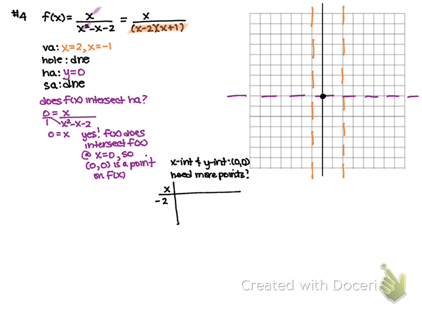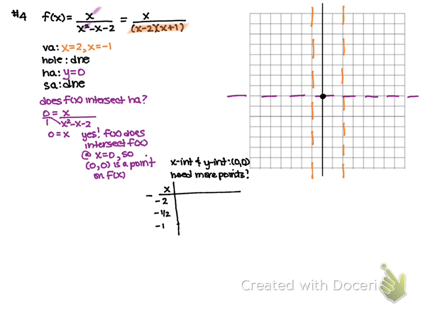Then I'm going to pick a handful of points in here. Right here in the middle, because of that point, I don't know if the graph is just going to go up there and hit it and come down, or if it's going to do some weird funky business. I have no idea what's going to happen. So we're going to have to pick a couple points in there. Let's do -1/2 and 1.